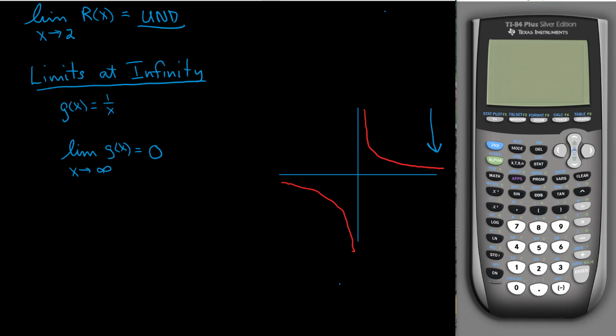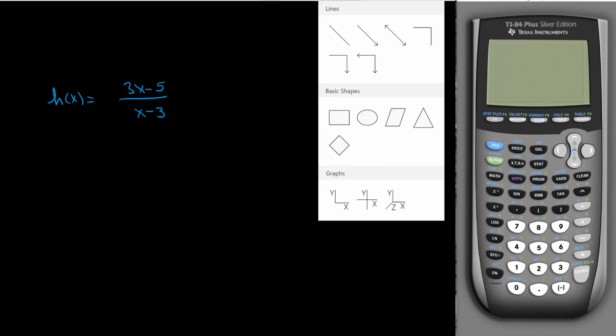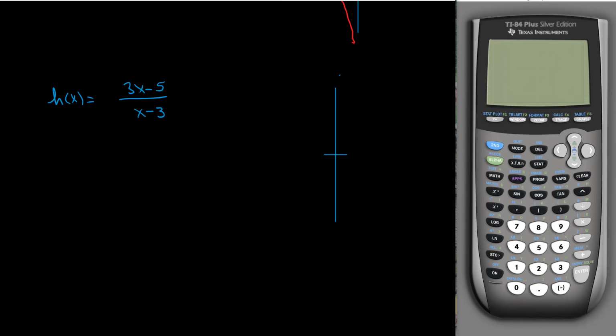If we take a look at a second situation here, let's say we have something like this, h of x equals 3x minus 5 over x minus 3. When we graph this, what's going to wind up being the case is we're going to have a horizontal asymptote at 3.